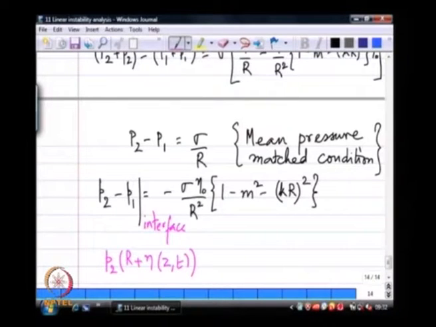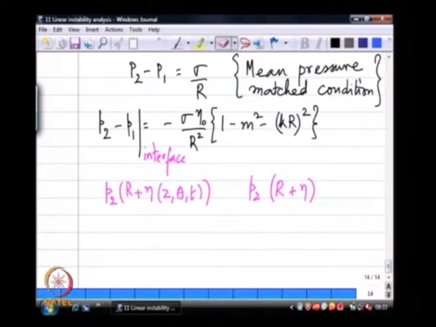The radial location of the interface is capital R plus this perturbation eta, which is a function of z, theta and time. We are doing a full 3-dimensional analysis here. I will write this more compactly as R plus eta. You know that eta is the interface location.